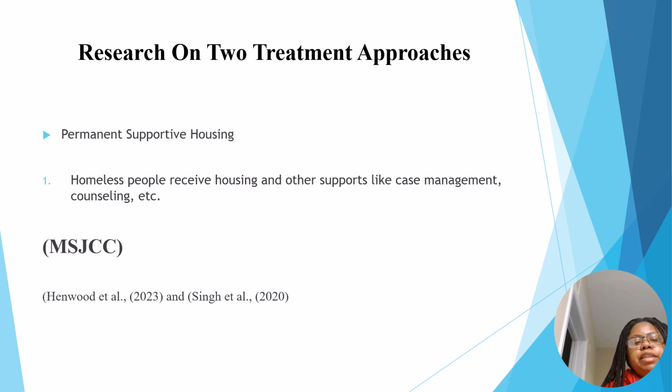Both of those models house the individuals and address their needs. However, supportive housing doesn't just house you and then refer you to outside services. They remain with you, check in with you. They come in the home in a lot of these programs frequently, sometimes daily, but at least weekly, and check on these individuals until they can become fully independent, not just in housing, but also in meeting their own health needs.